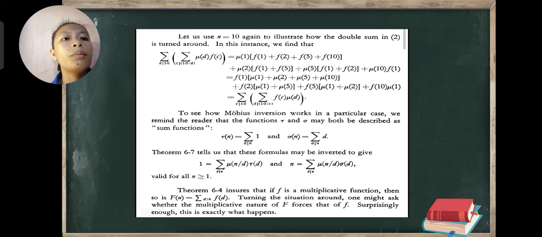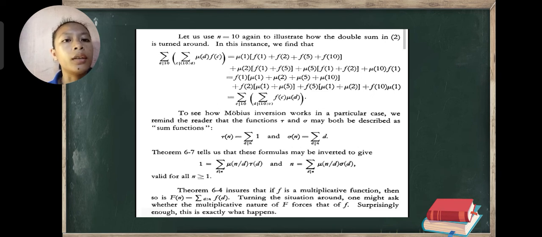To see how Mobius inversion works in a particular case, we remind the reader that the functions tau and sigma may both be described as sum functions. Tau of n is equal to the sum over d dividing n of 1, and sigma of n is equal to the sum over d dividing n of d.